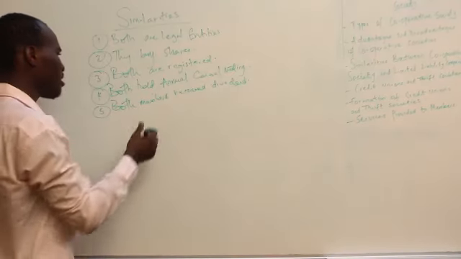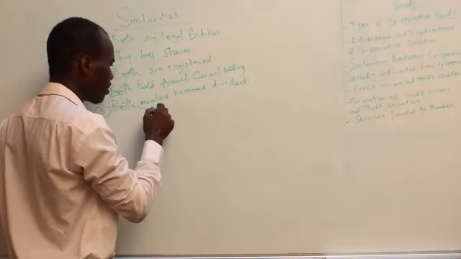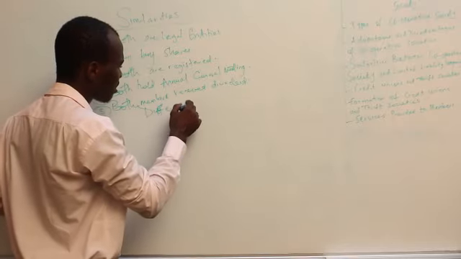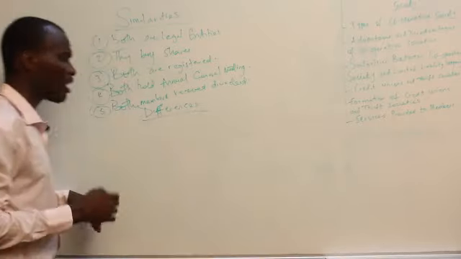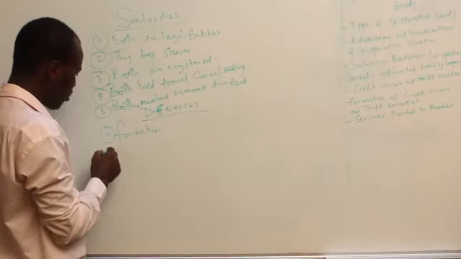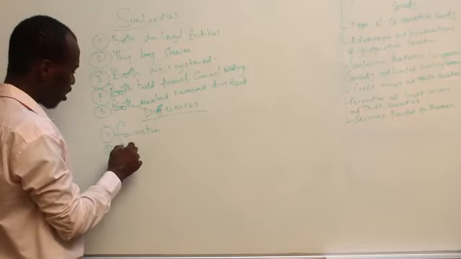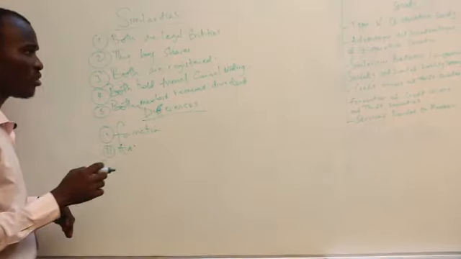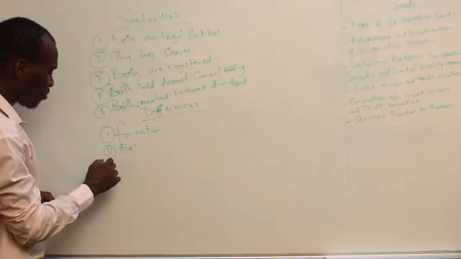Now let's look at the differences. We will be looking at the differences in the following areas. We will be looking at the formation, the aims of forming each of these organizations, the aims for which they are being formed.